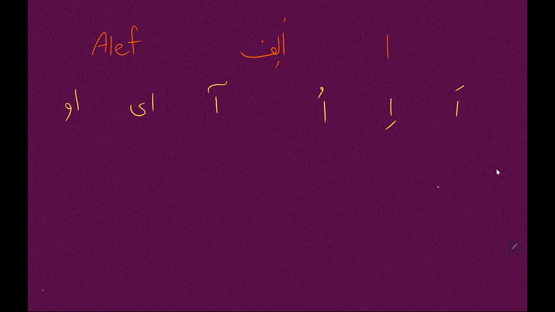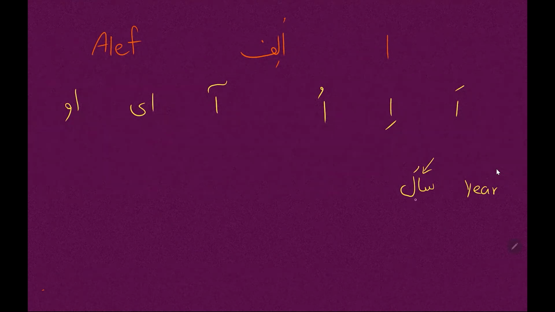So, for example, let's say we have the word sal, the word for year. Here you can see that we have alef in the middle of the word. Here, it doesn't mean anything. It's nonsense if we add a or e or o. We cannot add any of these signs to alef when it comes in the middle of a word.